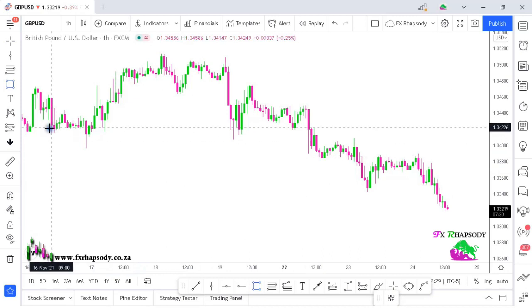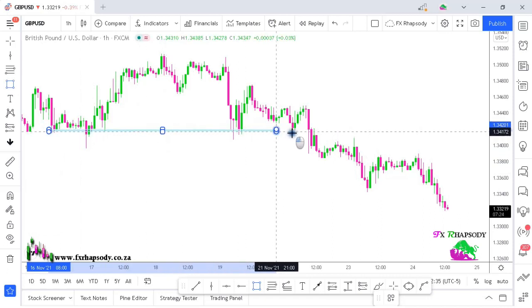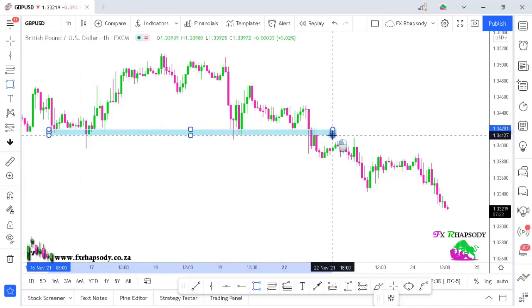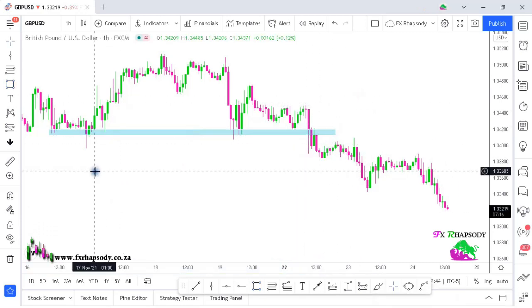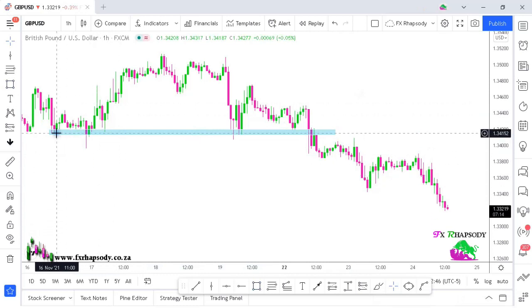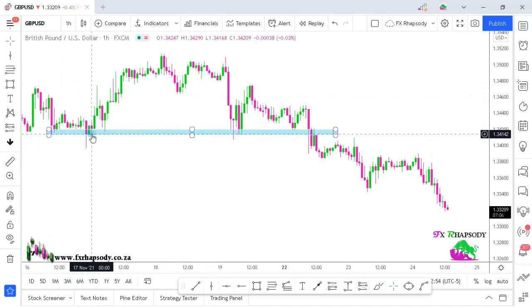We have a structure over here. So I'm actually gonna just draw that there. Okay, just like that. So you agree with me? This is structure. This happened last week. So price came down, didn't break through it, came back, pulled back, just closed above that.